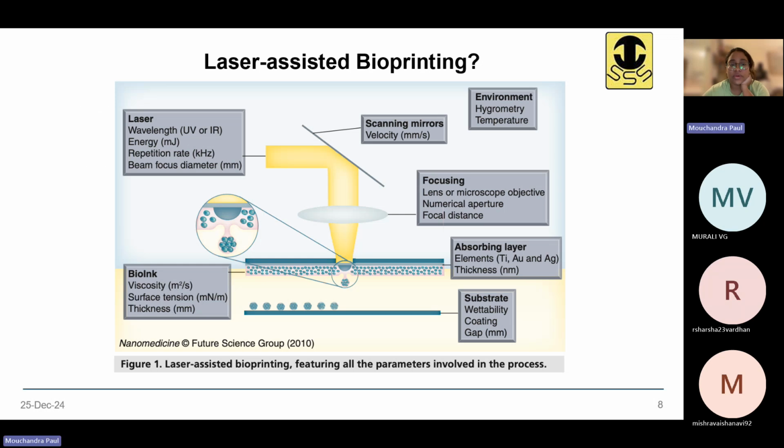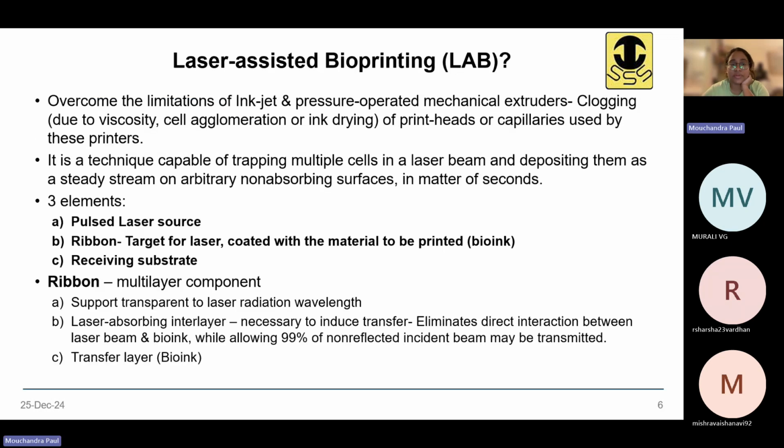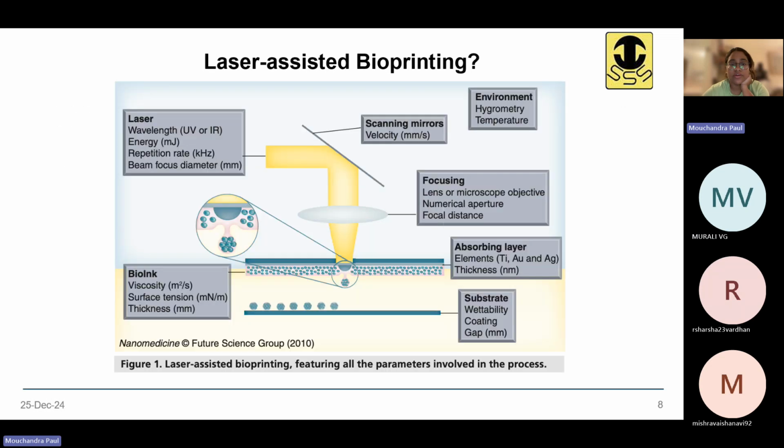Just let me quickly go over the points now. So I told you there is a laser, then there is a ribbon. So this entire thing is called the ribbon, and the ribbon itself consists of three parts. This is the ribbon, this is the substrate, this is the laser.